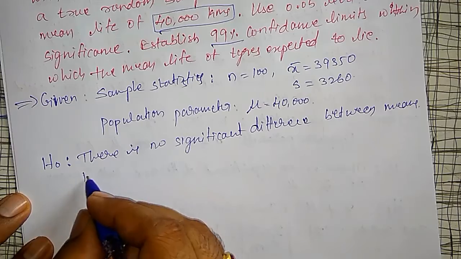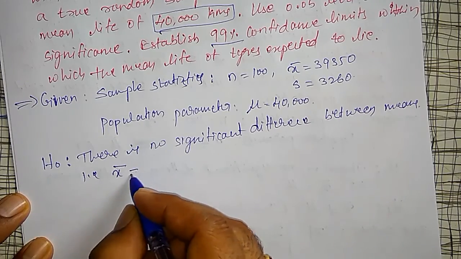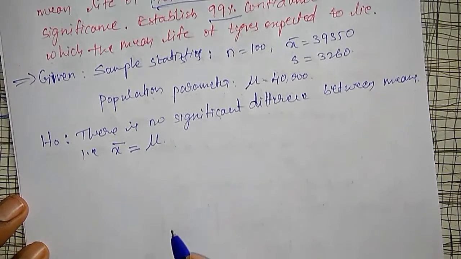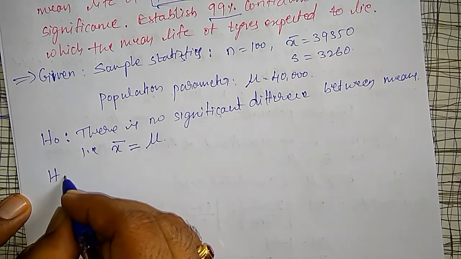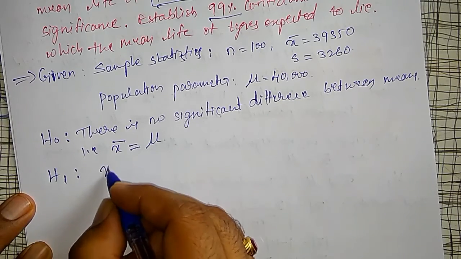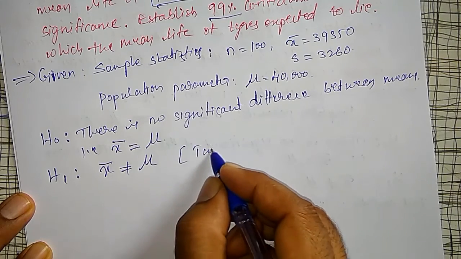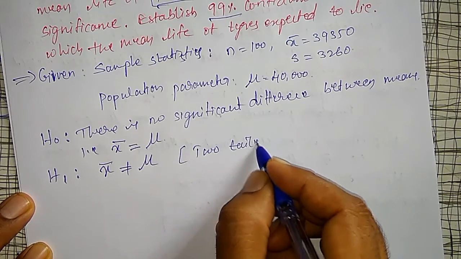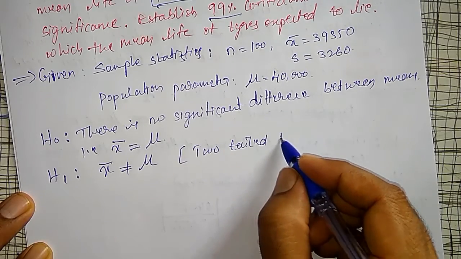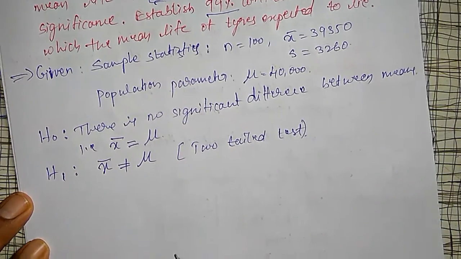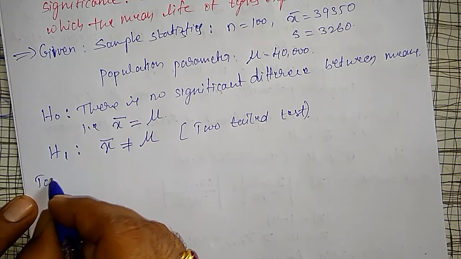That is nothing but x bar is equal to mu only. And now the alternate hypothesis will become there is a difference, x bar is not equal to mu, therefore a two-tailed test I have to do.